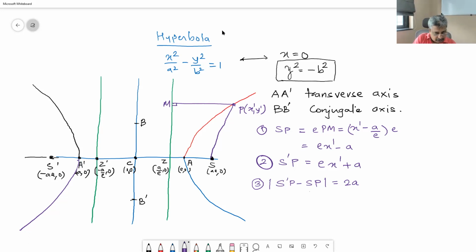Okay, next. Find the length of latus rectum LL dash. Then L dash happens to be this point.